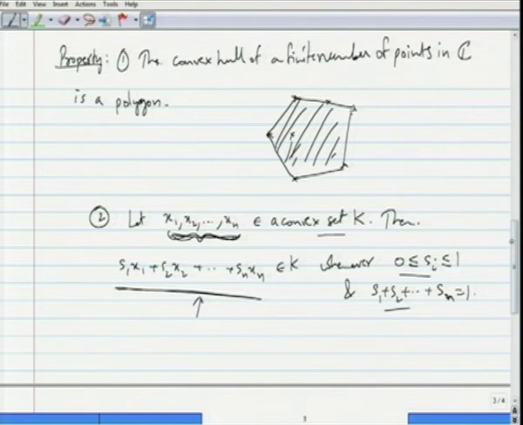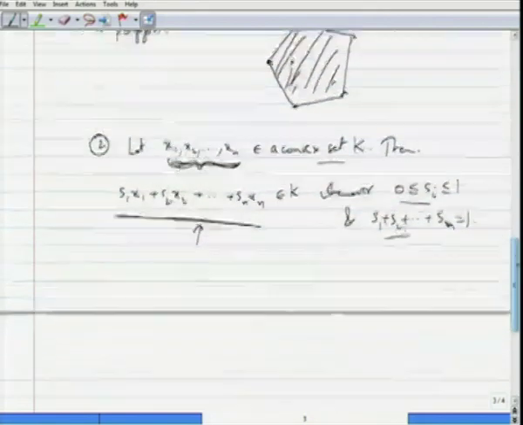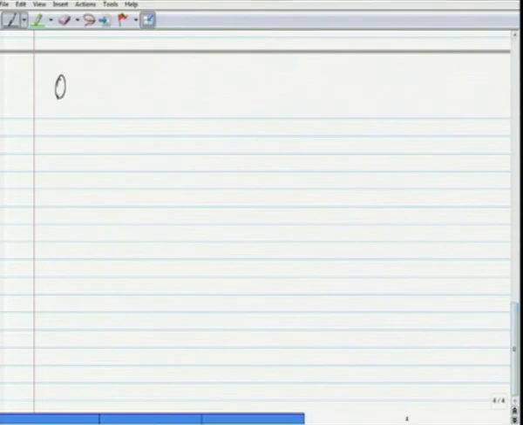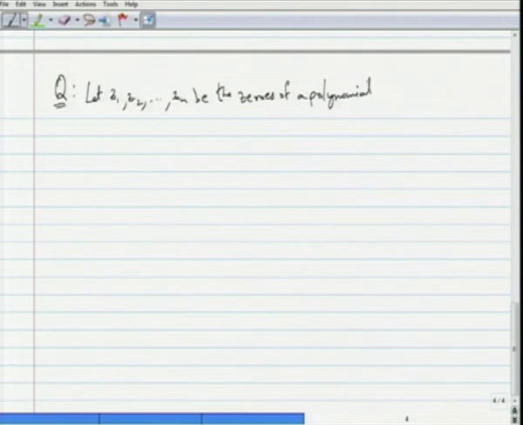Okay. So, with this we are ready to now state the next question. Okay. So, let z1, z2, and so on until zn be the zeros of a polynomial p of z.